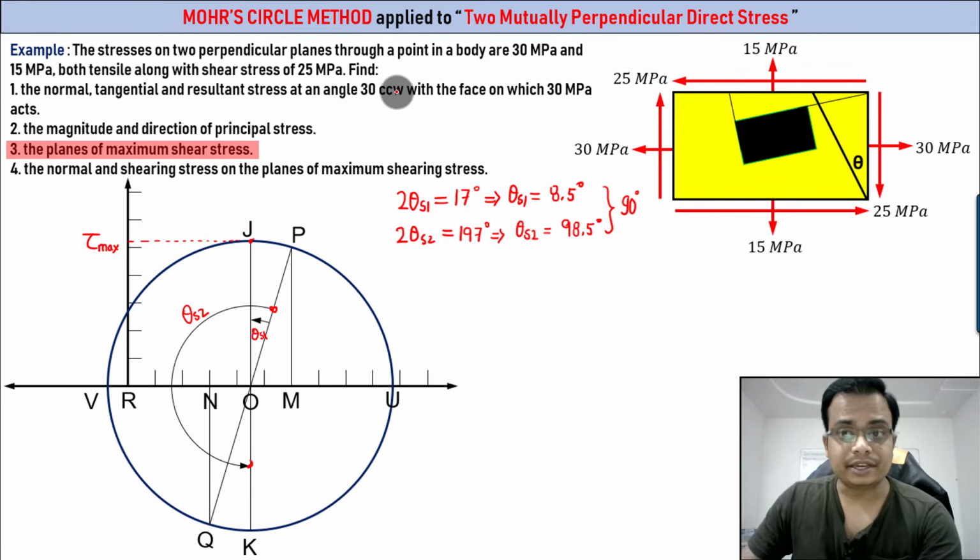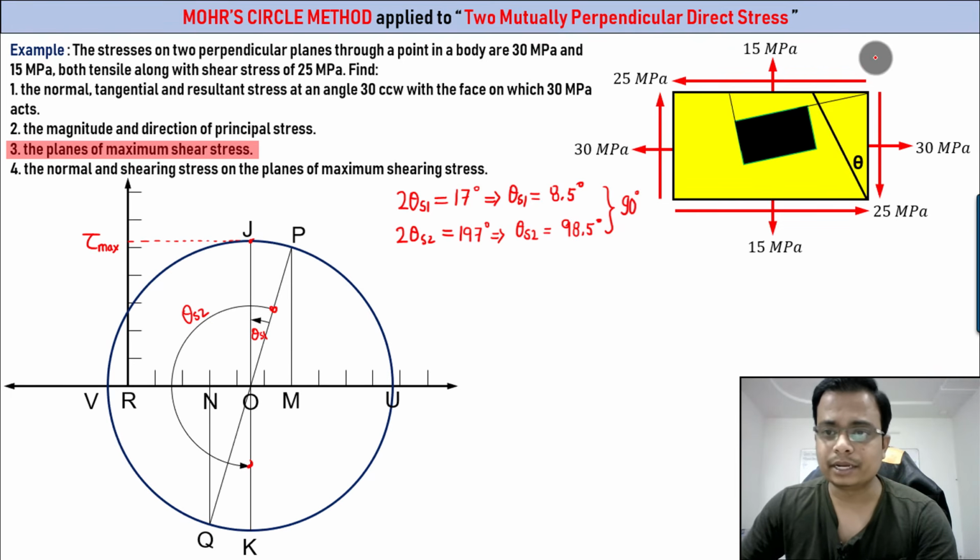Don't go anywhere. There is something else which I need to tell you. Now this theta S2 worked out as 98.5. In the Mohr circle, measurements are always done with respect to OP, and this OP is nothing but this vertical face over here, right? So with respect to the vertical, let's say this is 0 degrees. In the anti-clockwise sense, we have to mark this angle 98.5.